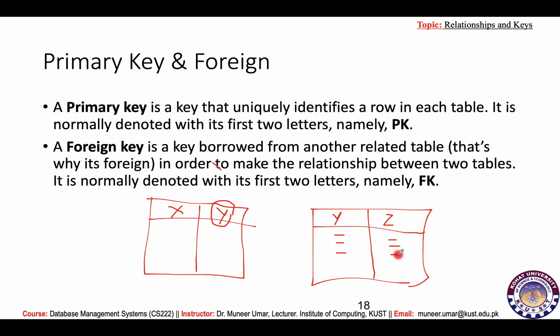These can be said as the instances of this entity type or this table. These instances can be accessed by the values under X here through this Y. This Y is known as foreign key, while here this Y is the primary key.